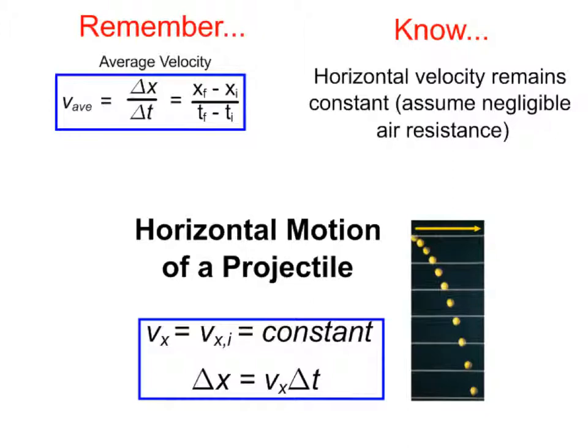If I multiply both sides of this equation by delta t, the delta t's cancel and I end up with delta x equals average velocity times delta t. Delta x equals the average velocity in the horizontal direction times delta t.